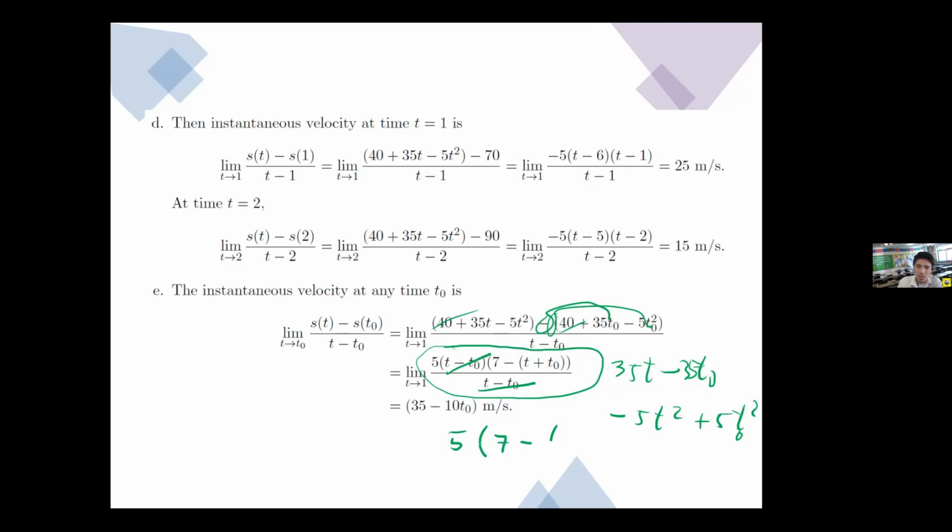So kani is 7 minus 1 man ta ang t na to dere. So 1 plus t sub 0.